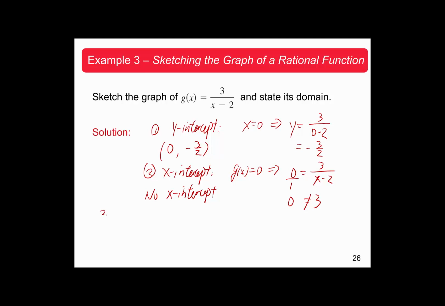The third step is find the vertical asymptote. So we set the denominator equal to 0, and we get x equals 2. And that's the vertical asymptote. And the fourth step is find the horizontal asymptote.